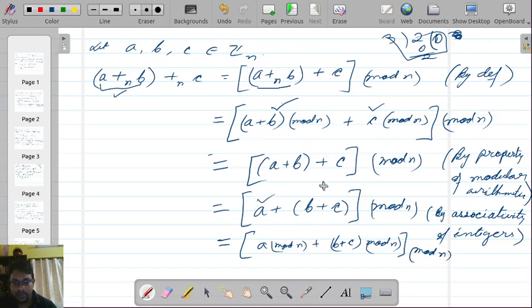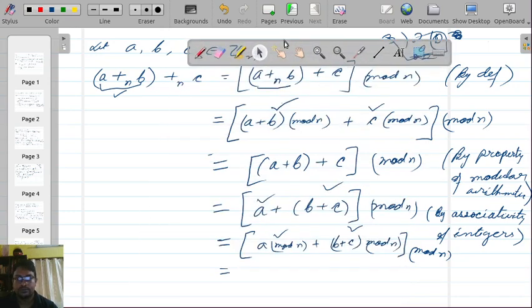Here I am adding the numbers and then taking the remainder, but I know that this is the same as taking the remainders first and then adding the numbers and then again taking the remainder. So this part I can write as a plus (b plus c mod n), and then I take modulo n.